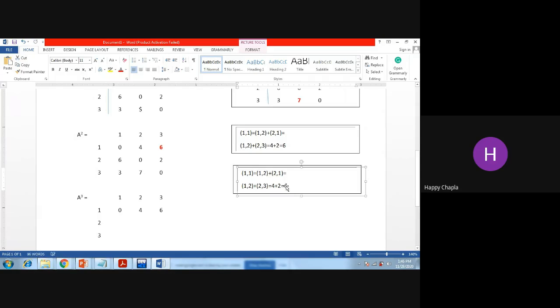What would be the change? So in this case, if I go 2 to 1 plus, no, sorry, 2 to 3, 3 plus 1. Three, two, 1.